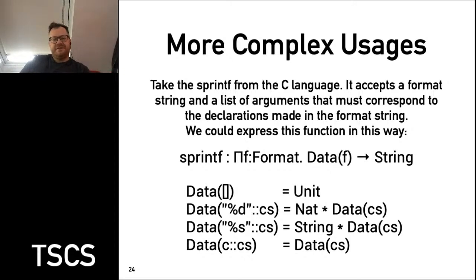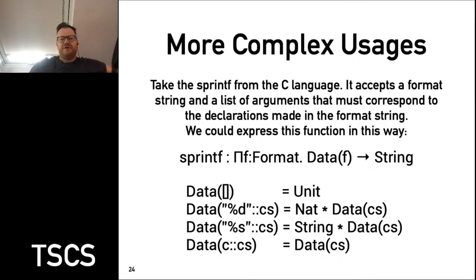That gives us product types here that take a natural number, and then again we recursively go through the remaining format and require data of that remaining format. As you can see, we can now parse this whole string along and come up to a definition of an input parameter.